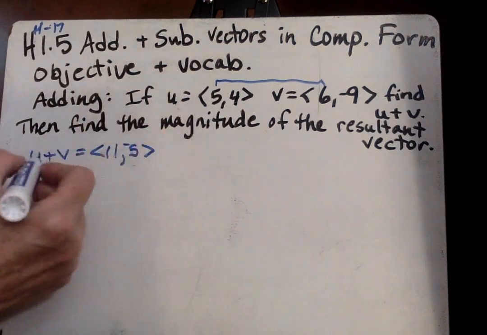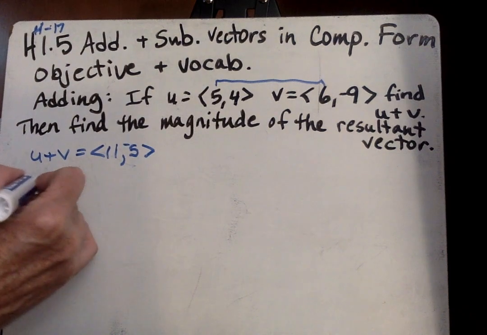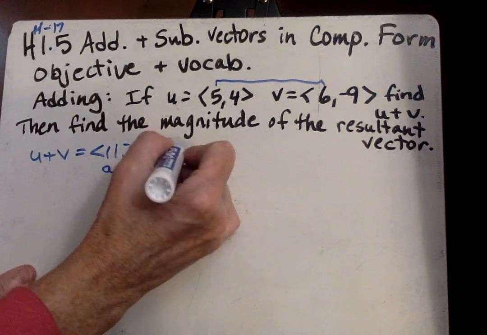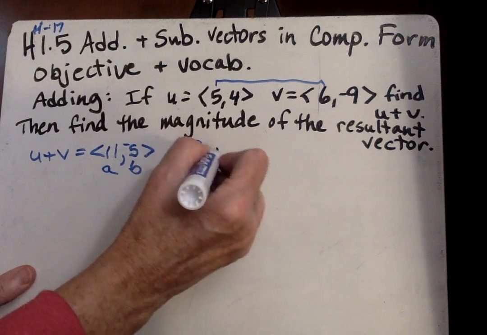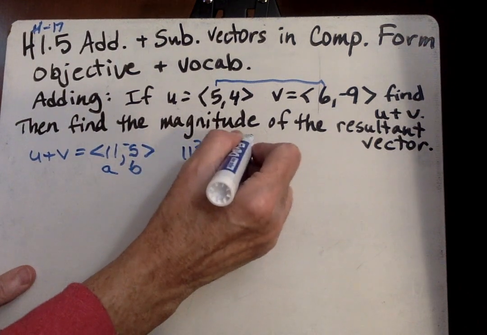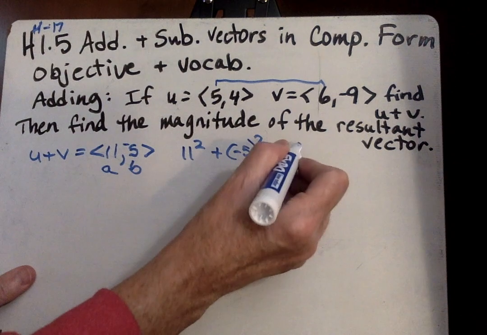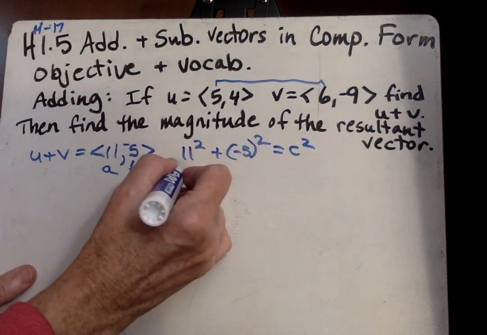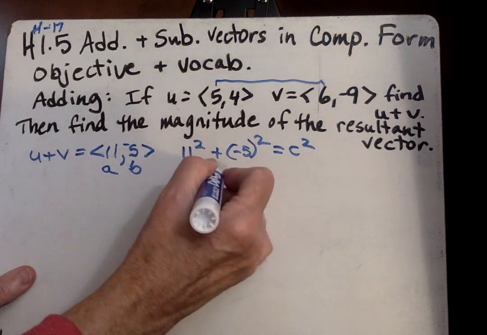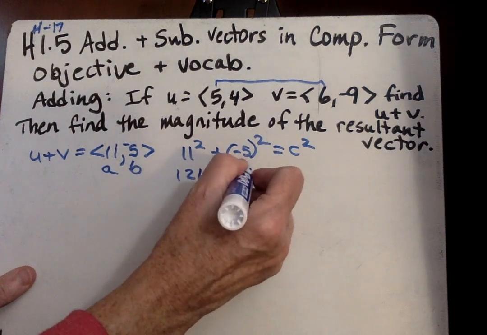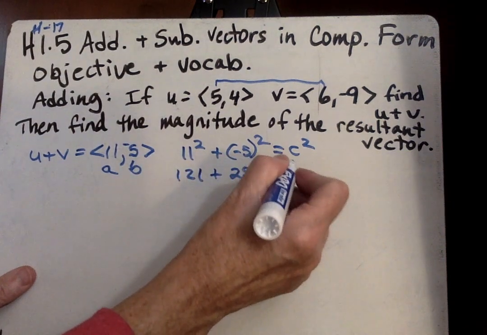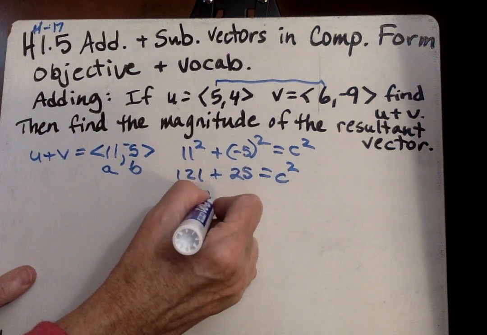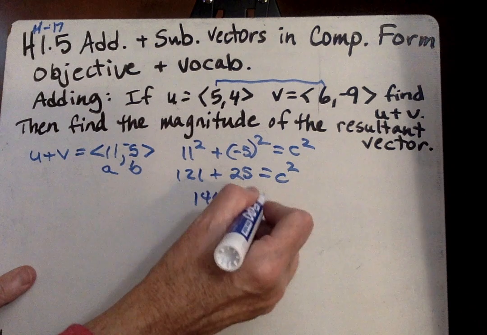Then to find the magnitude of that, again, I'm going to say a squared. This is my a, this is my b. So I go 11 squared plus -5 squared equals c squared. And then we square this and we get 121 plus 25 equals c squared. 121 and 25, 146, I believe.